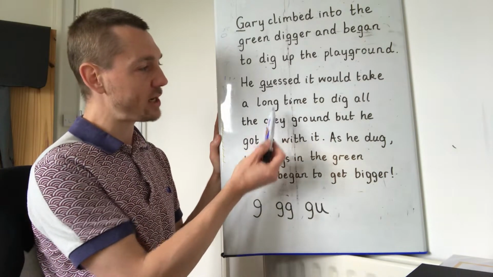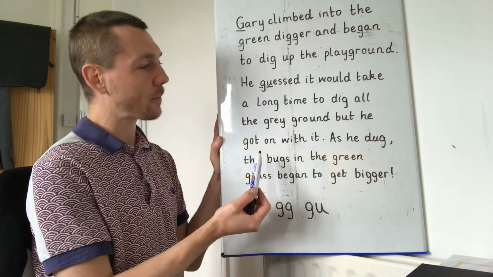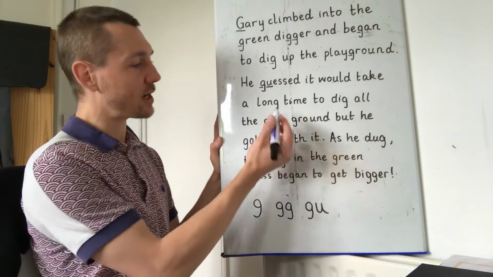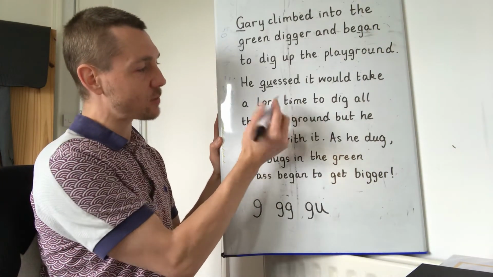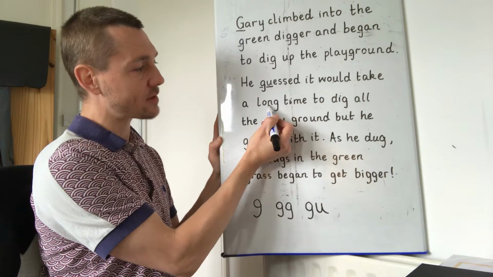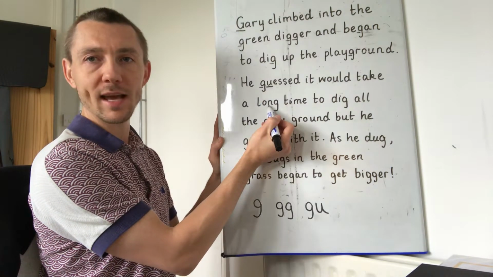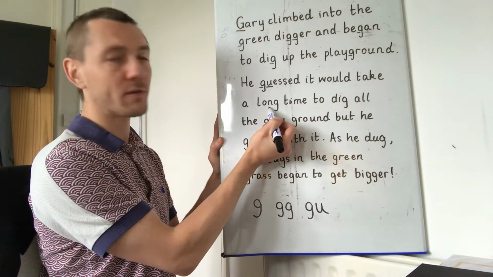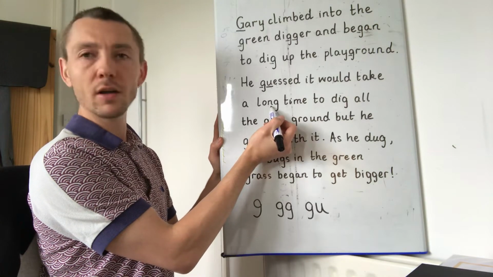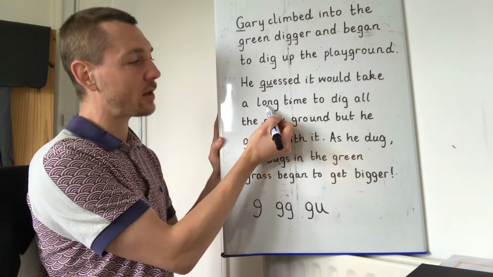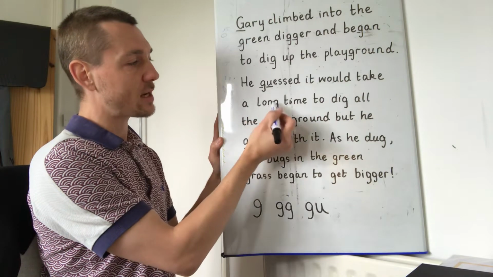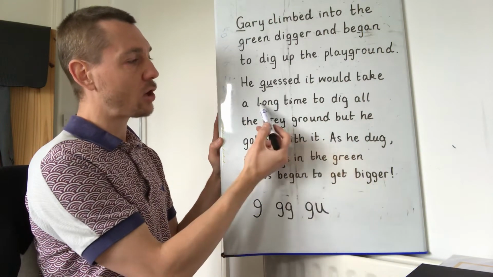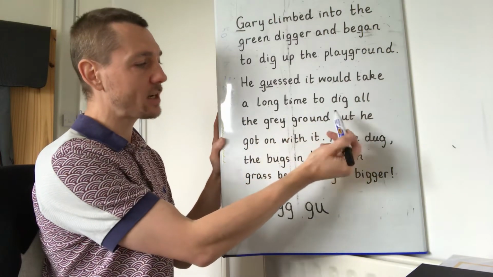It's got a G in the word long. But of course, you're right. In this word, the G is part of the sound with the letter N, isn't it? The NG spelling is not the G sound that we're looking for, so we don't need that word on our list.